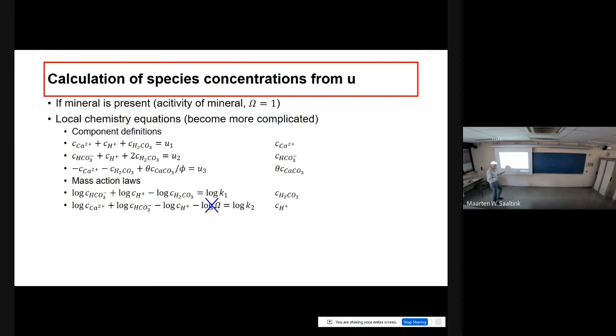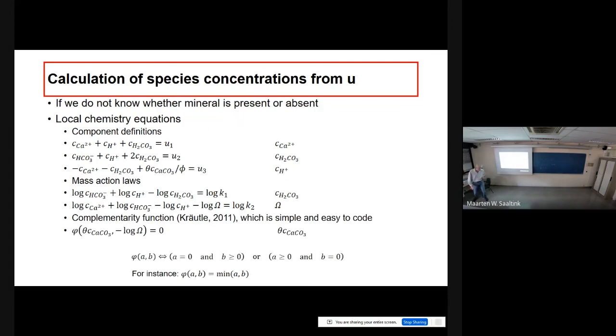So that's one way to do that. Of course, I think there is a better way. Mathematically it's called a complementarity function.